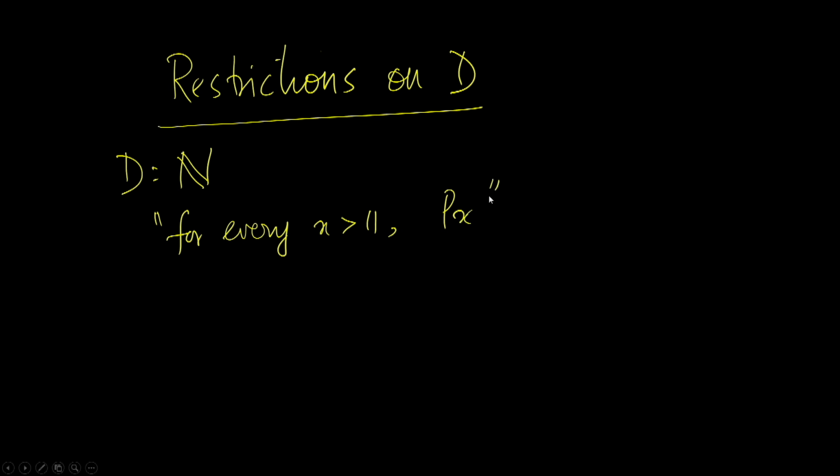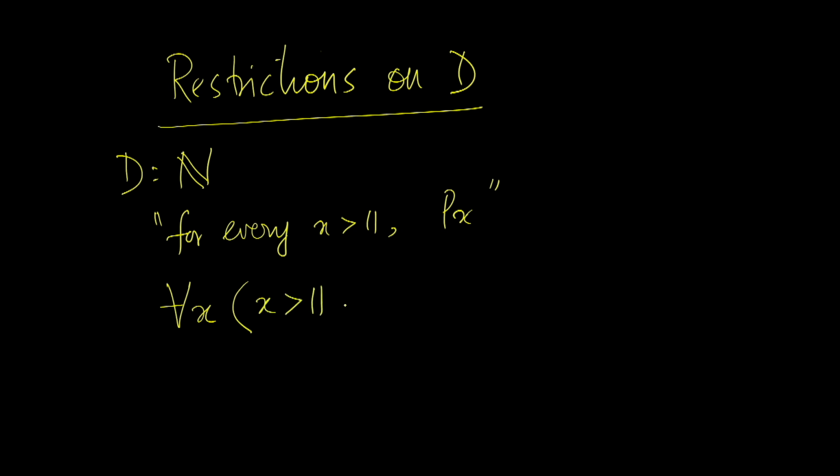That is, we want to assert that the predicate P of x is true for every x which is greater than 11. How would we write this in our logic using the quantifiers?